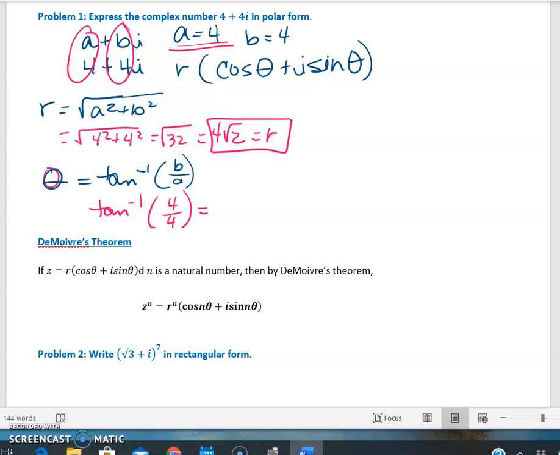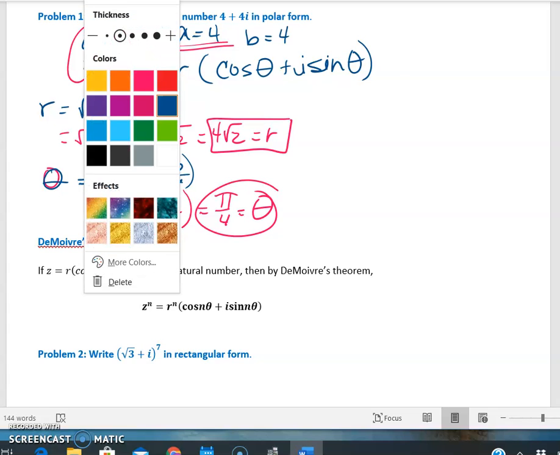So I'll do that real quick. And that's 45 degrees, or pi over 4, which is theta. Okay, now I can substitute all that back into the equation, or the polar form.